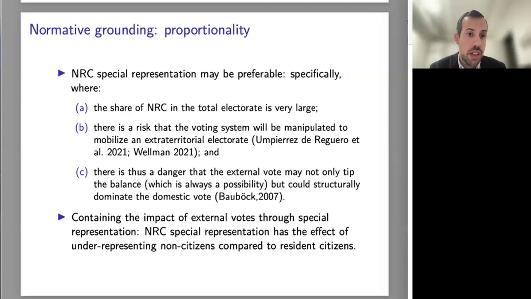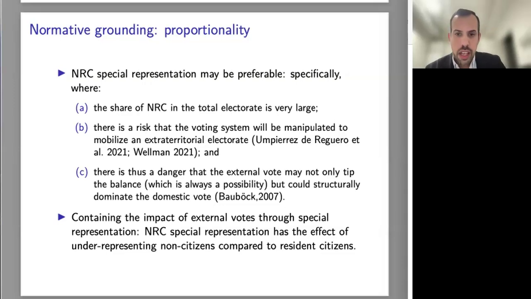For instance, where the share of non-resident citizens in the total electorate is very large, where there is a risk that the voting system could be manipulated to mobilize an extraterritorial electorate, and where there is thus a danger that the external vote might not only tip the balance, but also structurally dominate the domestic vote, as for instance in Italy in terms of external voting rights more generally in 2006.